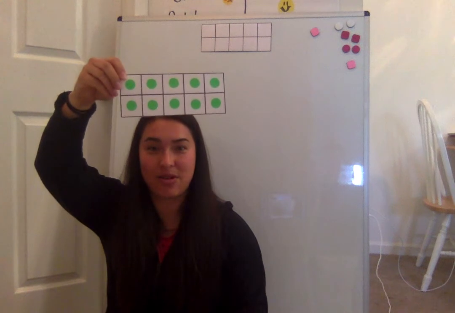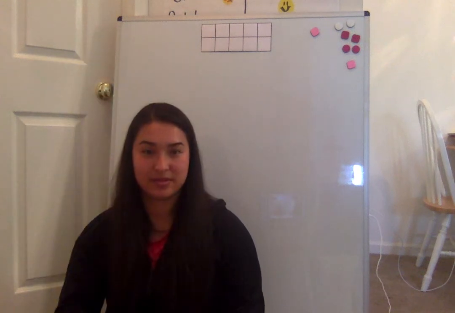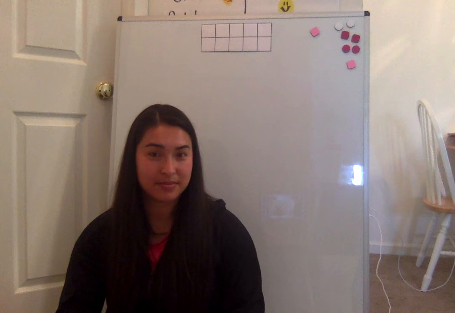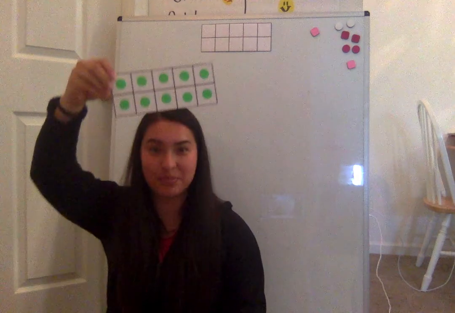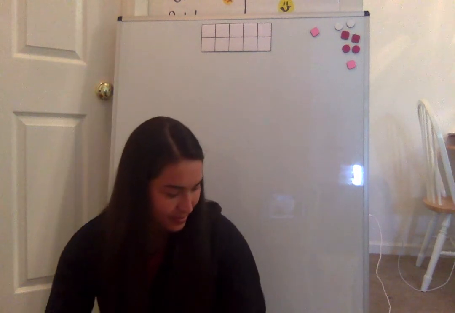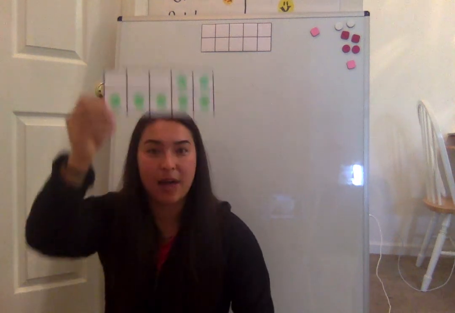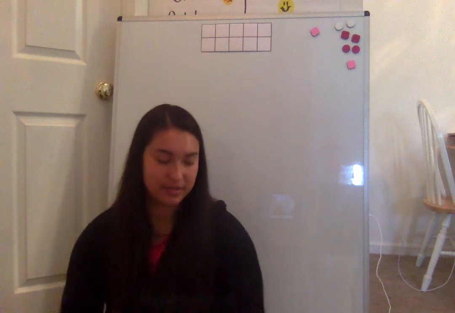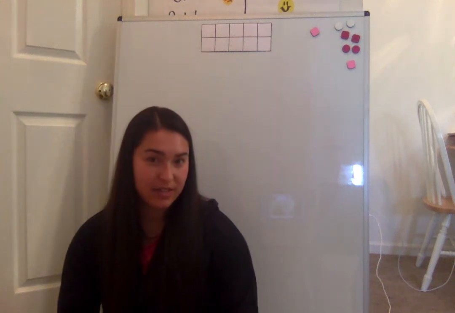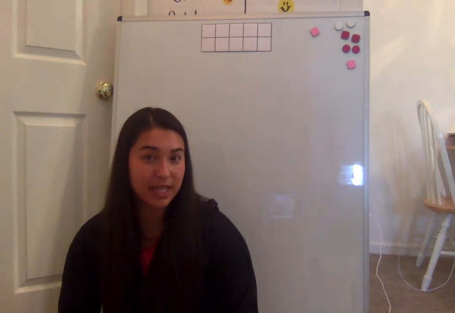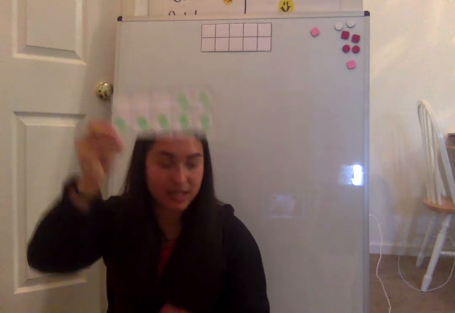How many dots are on? If 10 dots are on, how many more dots do we need? 10 plus 0 equals 10. How many dots are on? If 7 dots are on, how many more dots do we need? 7 plus 3 equals 10.